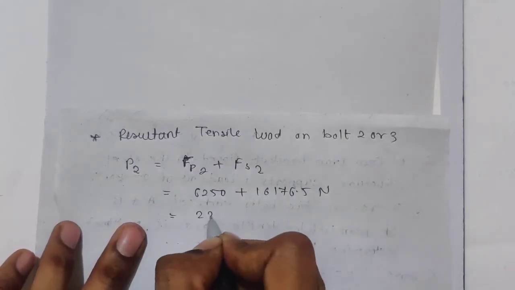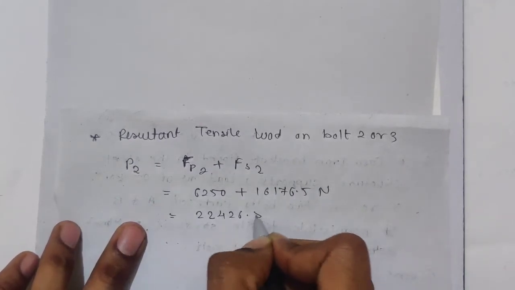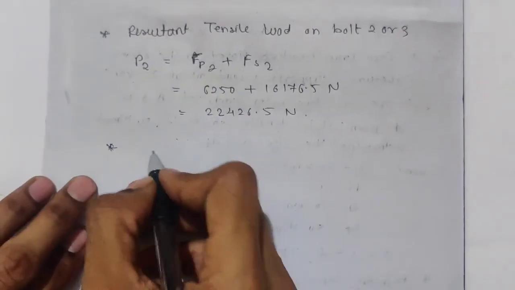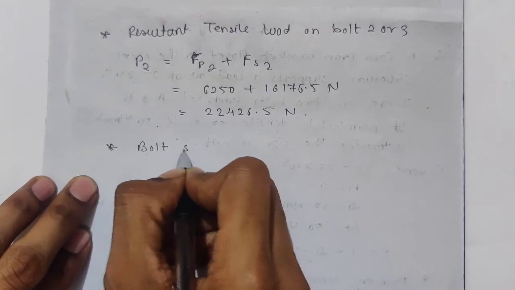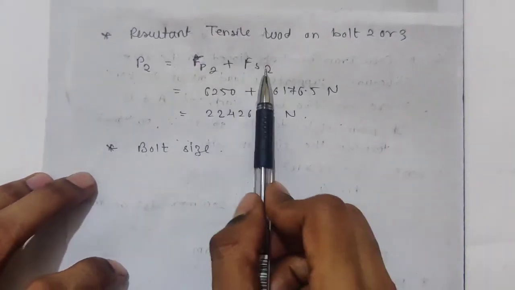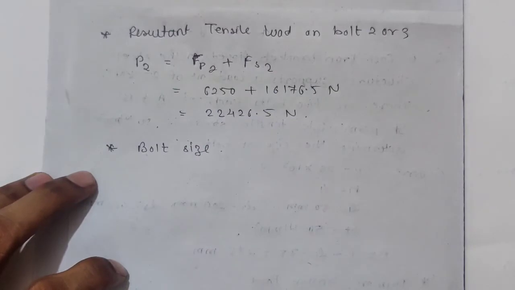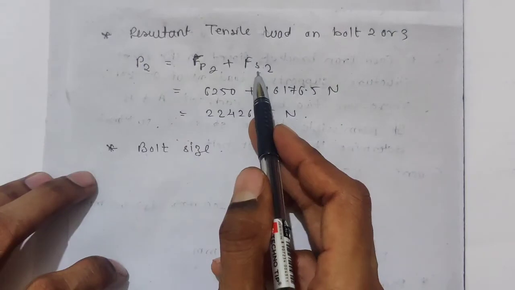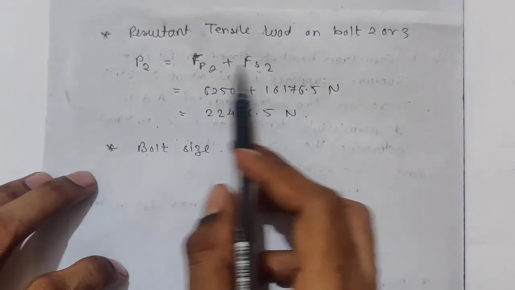You will get 22426.5 Newton. Why did we add these two? Because both are tensile loads acting on the same axis. They do not have any angle in between.